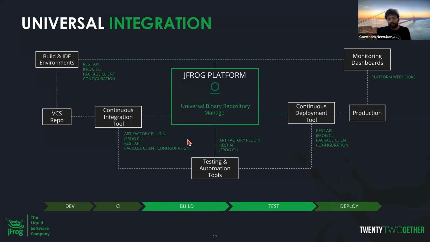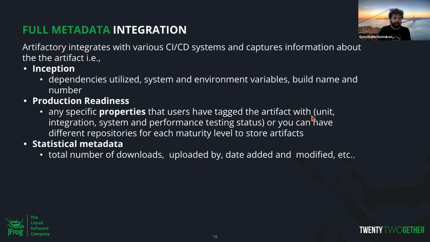We have also seen various entities using some sort of an NFS shared drive, or some sort of a version control system, even to store their artifacts. But when it comes to a given software artifact, the metadata is the key in order to determine whether the given software artifact is ready to be deployed or not.